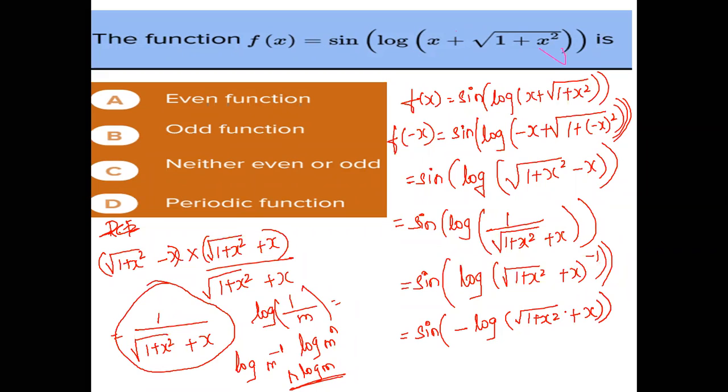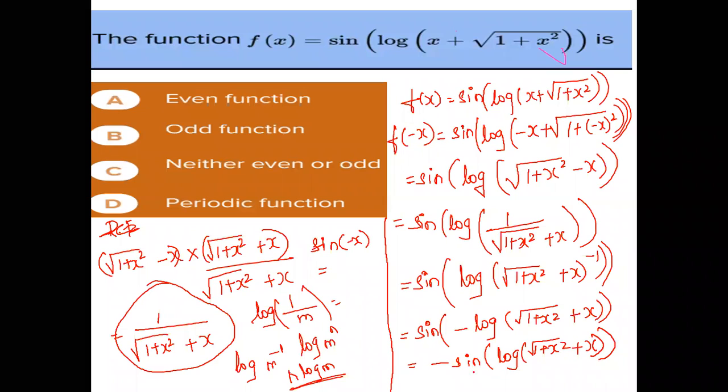But what is sine of minus x, students? Sine of minus x is minus sine x. Good, Ranjita. So here in place of x we have log of this full term. So we write minus sine of log of square root of 1 plus x square plus x.